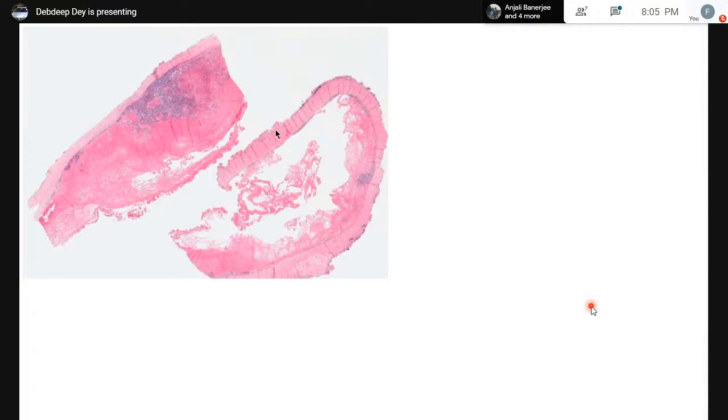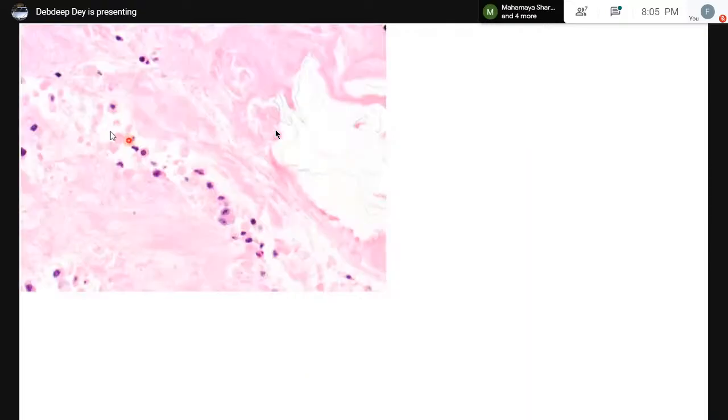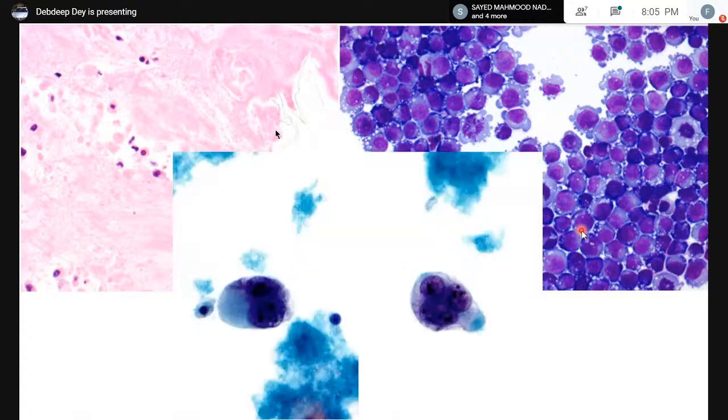As you can see here, there is fibrin, hemorrhage, and these atypical lymphoid cells. Not much, but it's still there. But the fluid actually showed a lot of large lymphoid cells with numerous mitotic figures, some of them multinucleate.